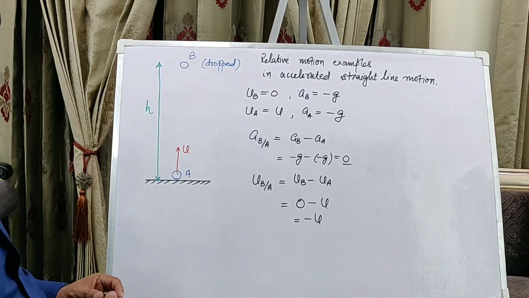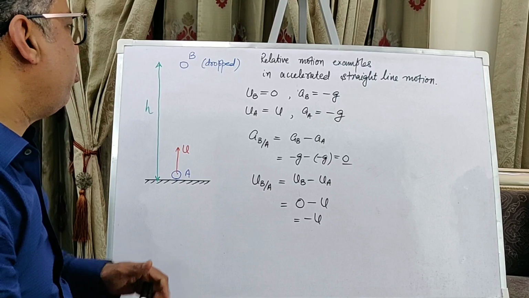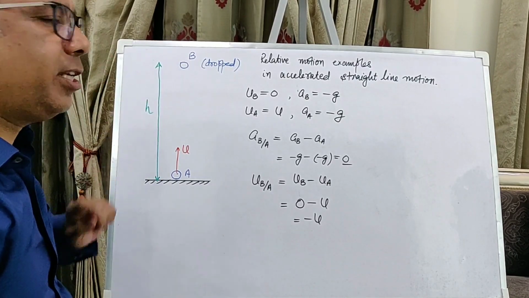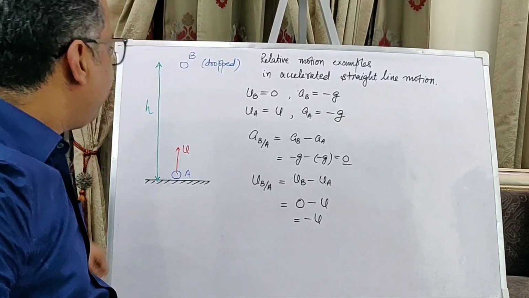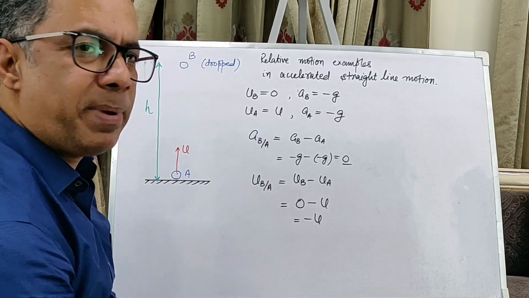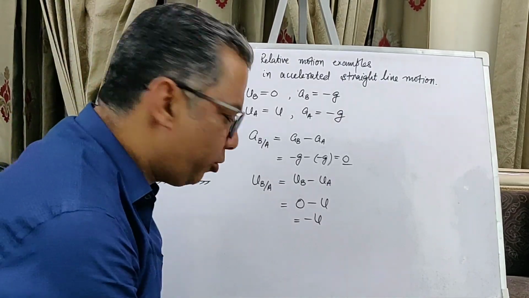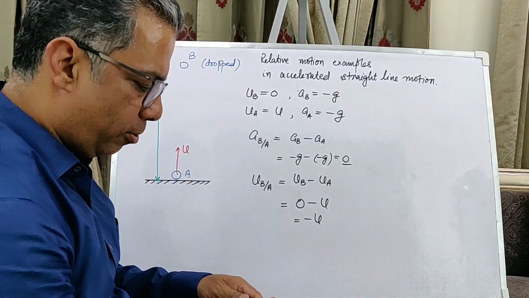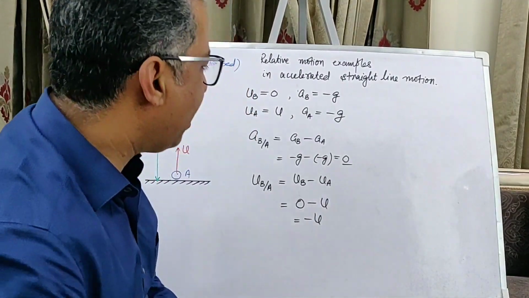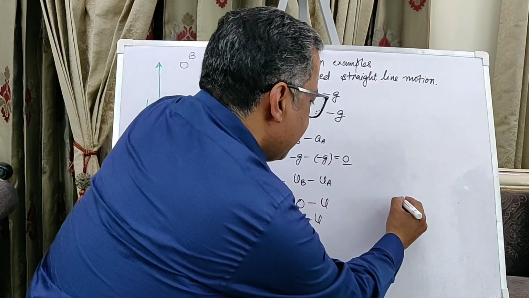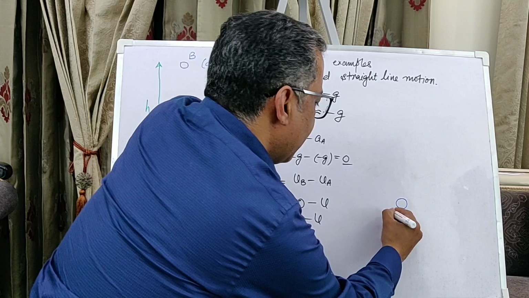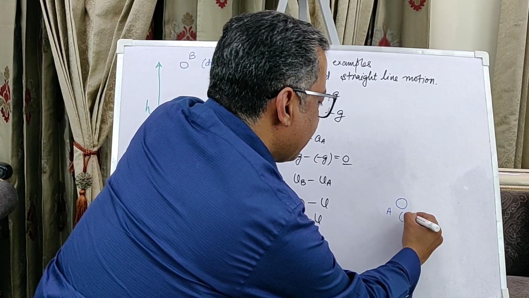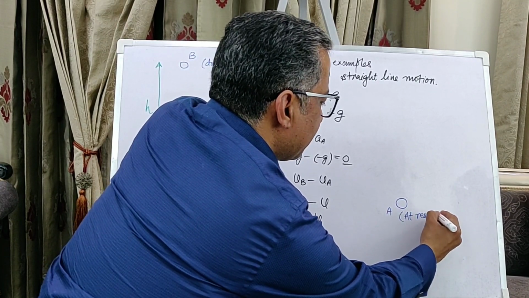Now remember, we are studying relative motion of B with respect to A, and when we study relative motion of B with respect to A, we are assuming that A is at rest. So A now is at rest. This is A. It is at rest.